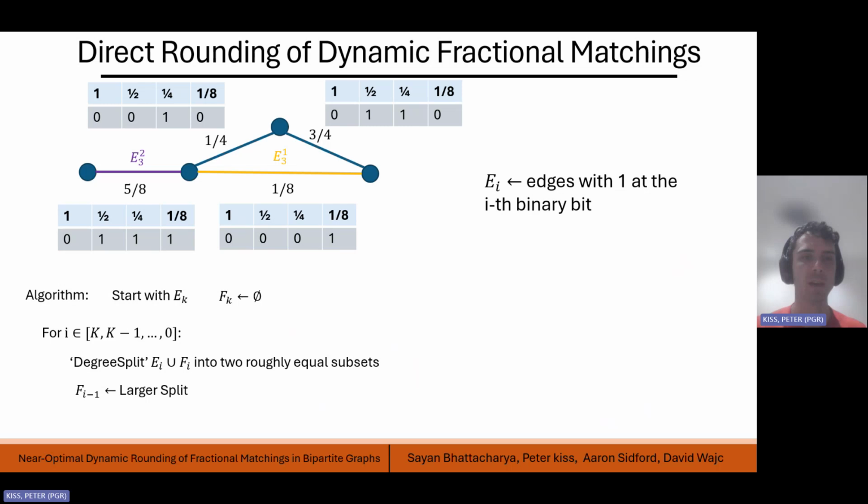So in this example, say the purple edge set. The intuition here is that we will be able to add the weights of the edges dropped in the previous layer to F_{i-1}. We repeat this as i goes to 0, and we simply output E_0 union F_0, and by definition it will be an integral matching.